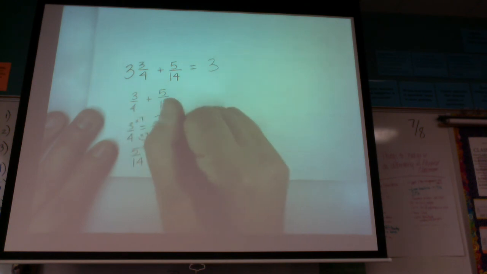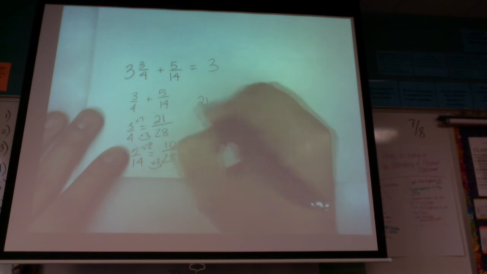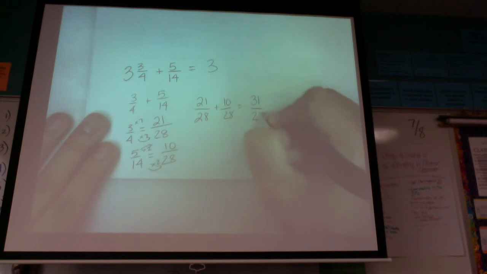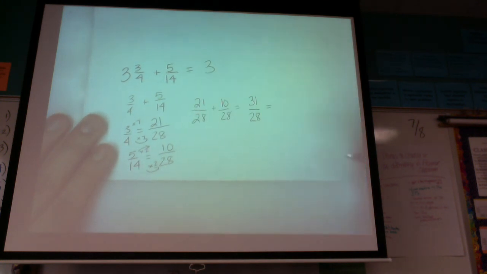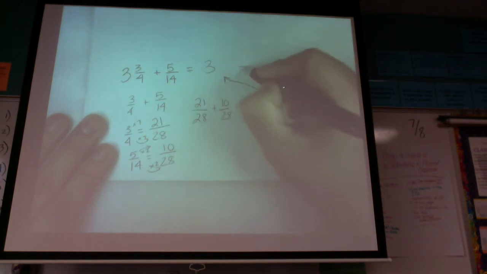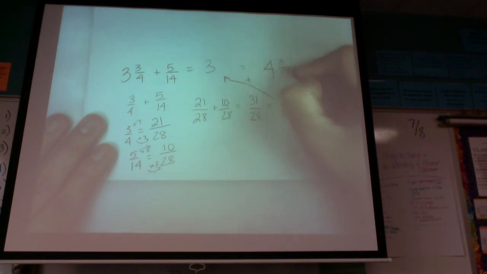That's going to be 21. So I'm going to have 21 28ths plus 10 28ths, which is going to give me 31 28ths, which is equal to 1 and 3 28ths. And I'm going to need to combine that with the 3. So total I'm going to have 4 and 3 28ths.